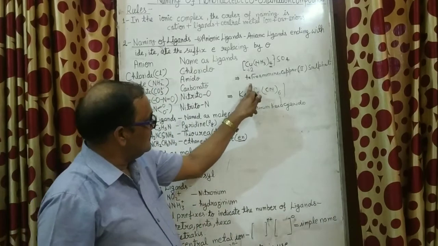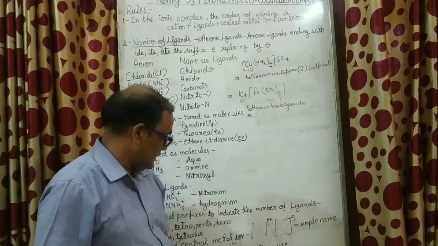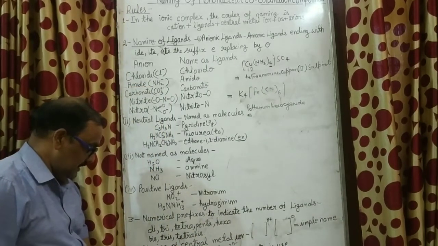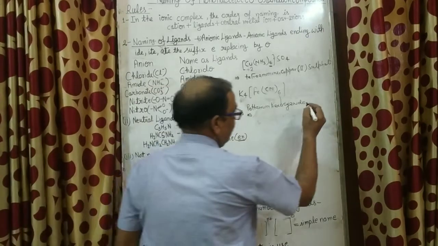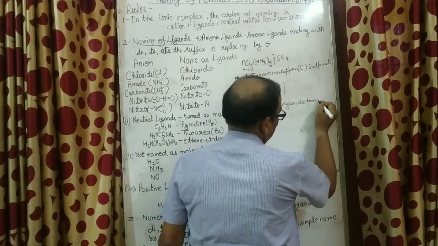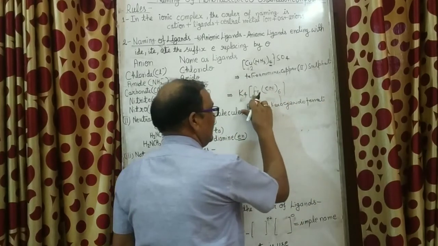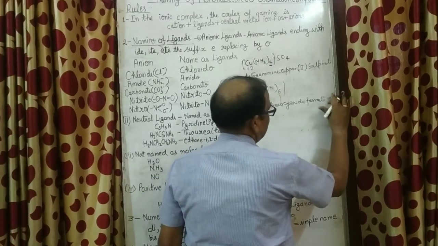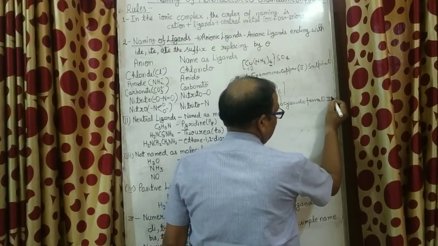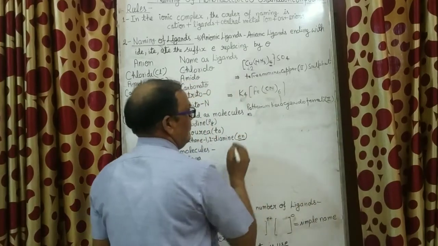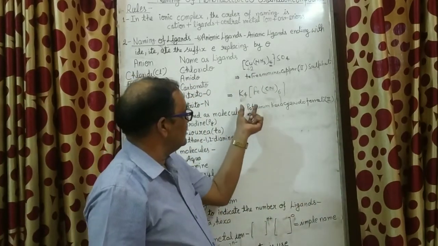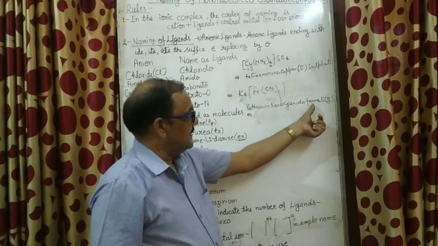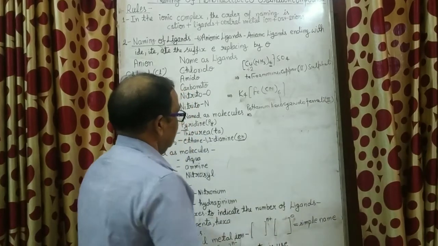Because this coordination sphere is negatively charged, therefore for Fe we must use ferrate, F-E-R-R-A-T-E, and then write the oxidation state of the center metal within brackets, that is II within brackets. The name of the complex compound is potassium hexacyanidoferrate(II).